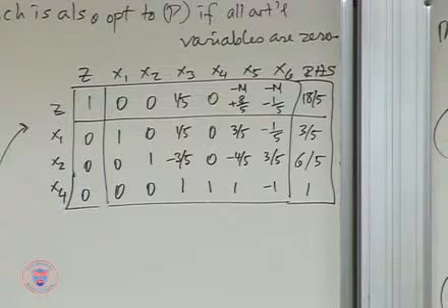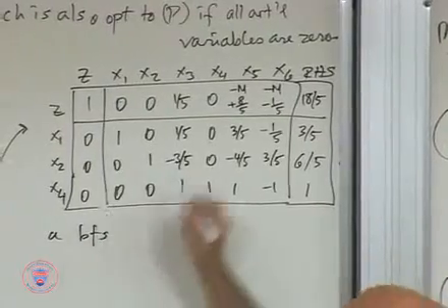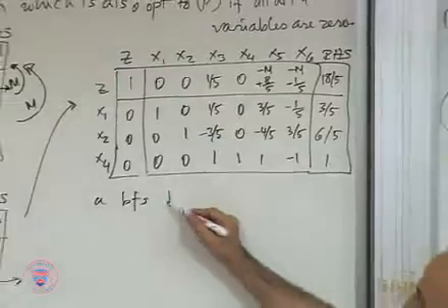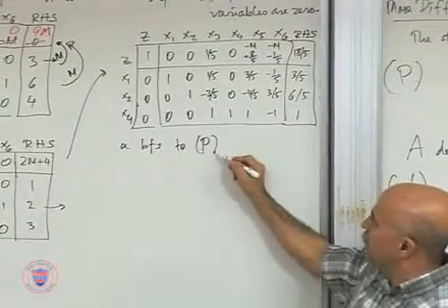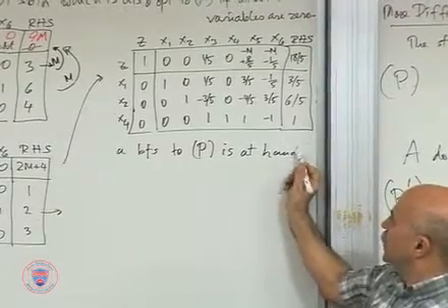Okay, so you've got this solution. Now, both artificial variables are non-basic, they are 0, so a basic feasible solution to P is available now, is at hand.